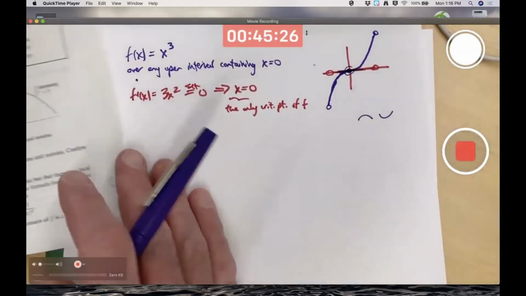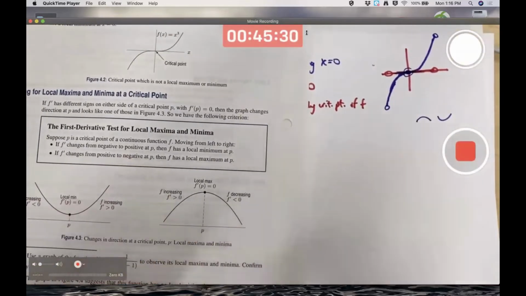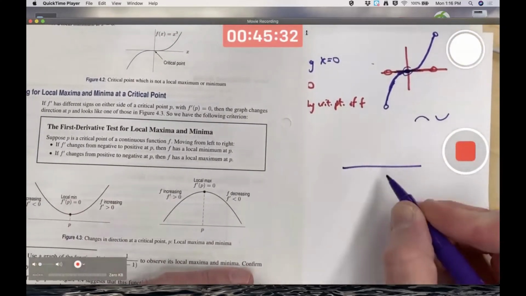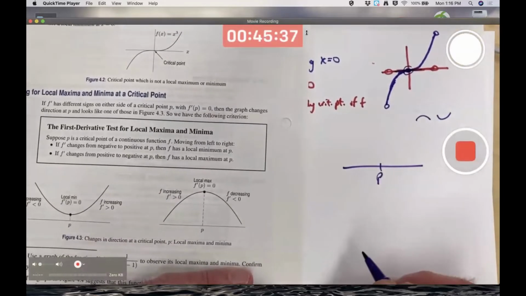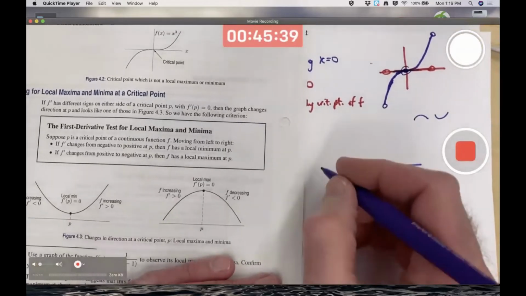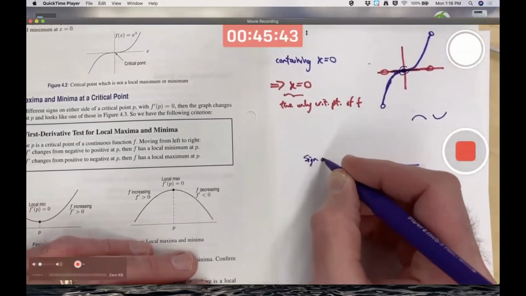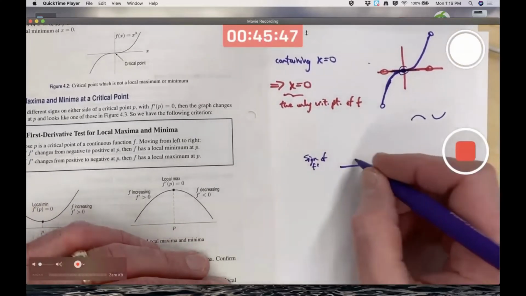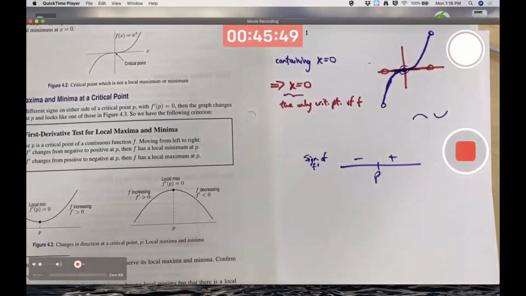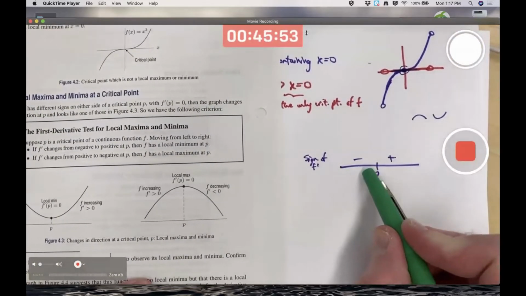Think about it with a picture. If f prime changes from negative to positive at P, meaning if we make a number line like we did last Friday, and P is a critical point, and we're talking about the sign of f prime, remember when I did this kind of thing? It changes from negative to positive as x increases through p, as you imagine x moving from left to right.